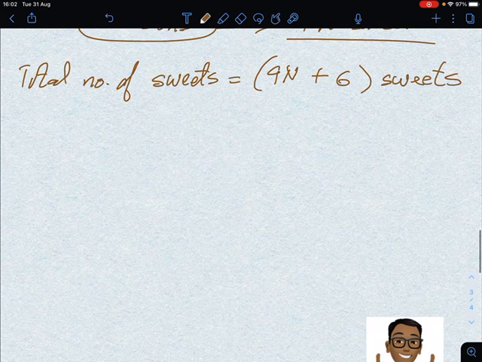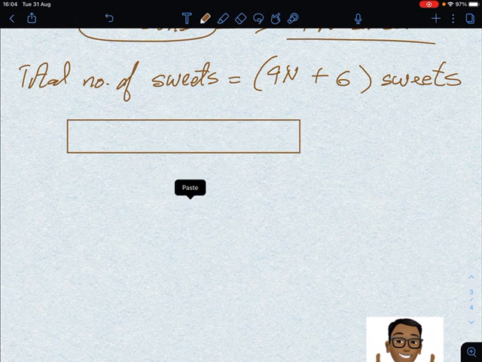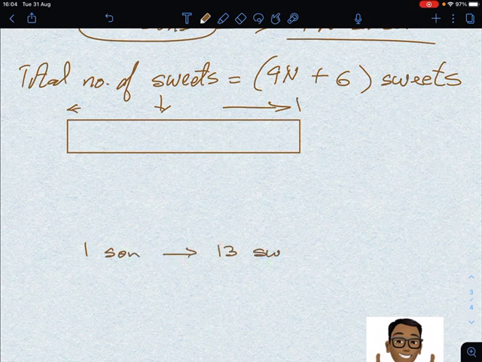Okay, very simple model. We just get a simple model here. This will represent the total sweets. Okay, now the next scenario: if one son gets 13 sweets, n number of sons will get 13n sweets.